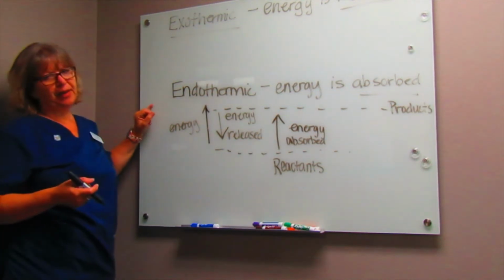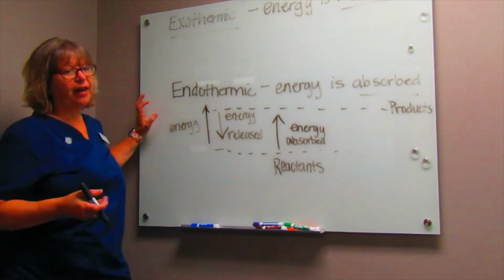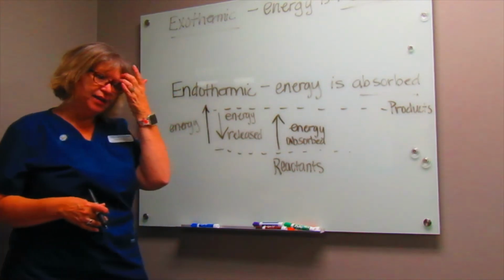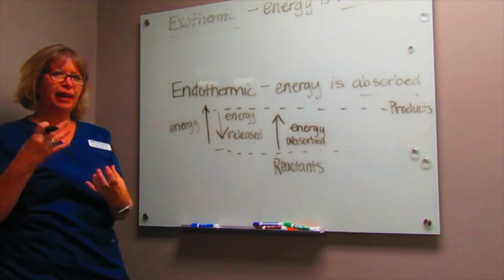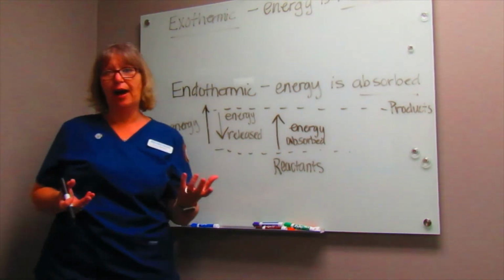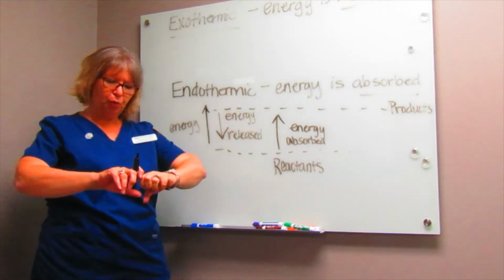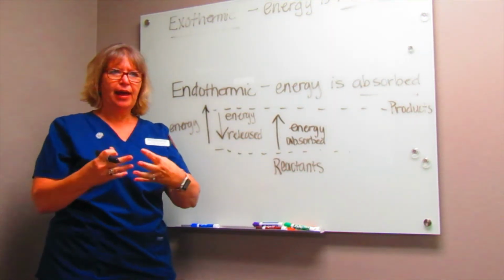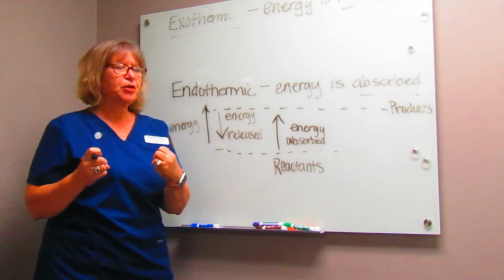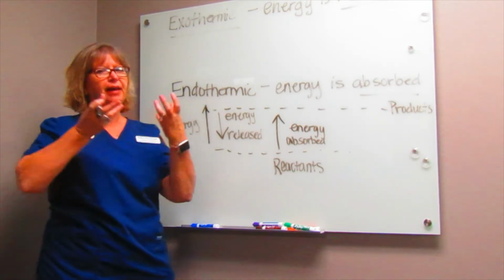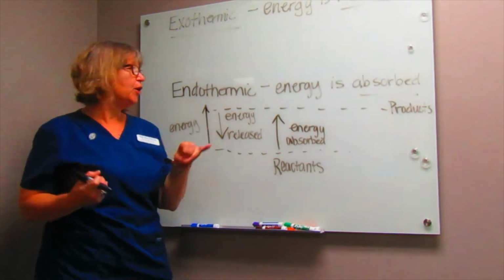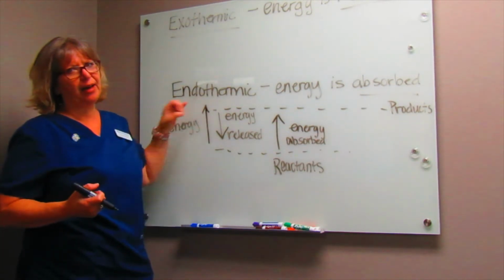For an endothermic reaction, think of those chemically activated ice packs. When you break that center core, it immediately gets cold. So it is absorbing energy to make it cold. That would be an endothermic reaction.